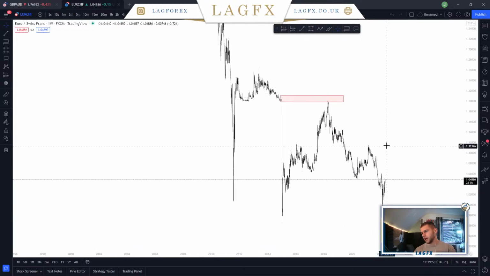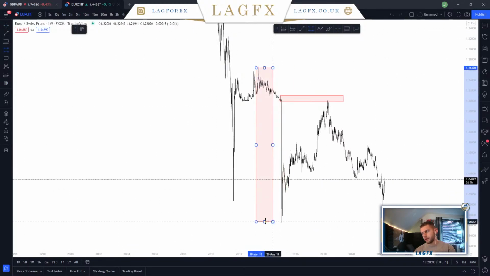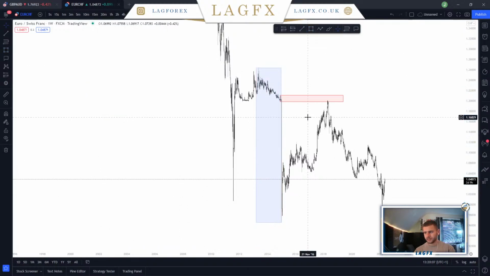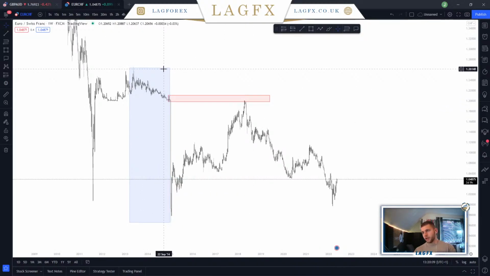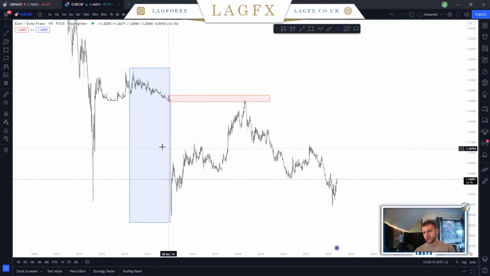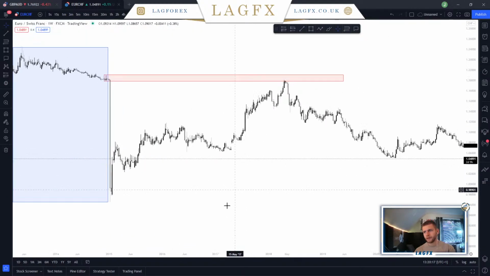So obviously, most recent impulsive wave would have been this. We'd have been looking inside of that for zones that we could look to sell from.